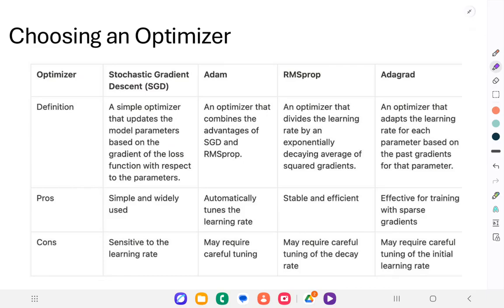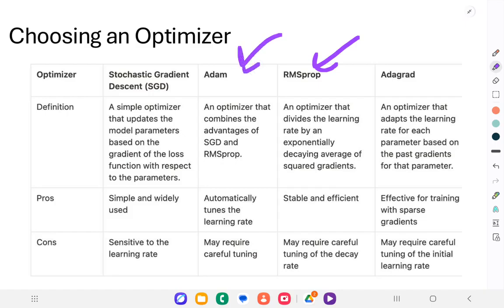There are other optimizers. There's RMSprop, which takes a different approach. It tries to adapt the learning rate per parameter based on how large the gradients are. So parameters with consistently large gradients get smaller updates, which helps with the stability of the learning.